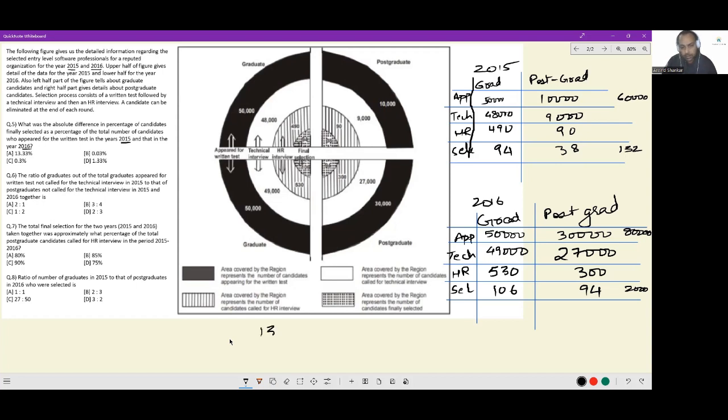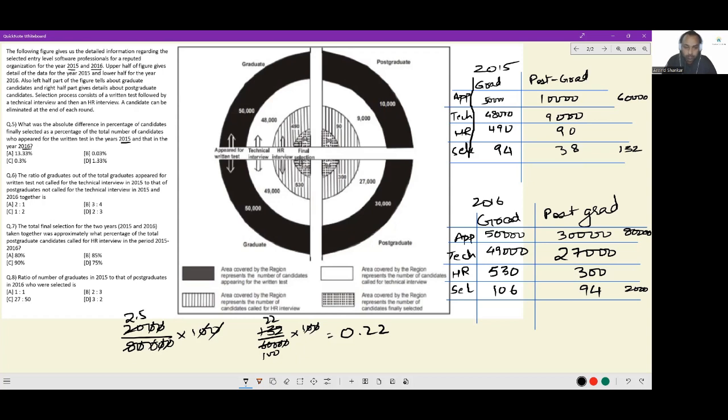First percentage I need to calculate is 132 by 60,000 into 100. 0 cancel, 0 cancel, 6 will also go away, this will turn to 100, this will turn to 22. So I get 0.22 for the 2015 year. For 2016 I will have 2000 by 80,000 into 100, and I'll get 2.5%.